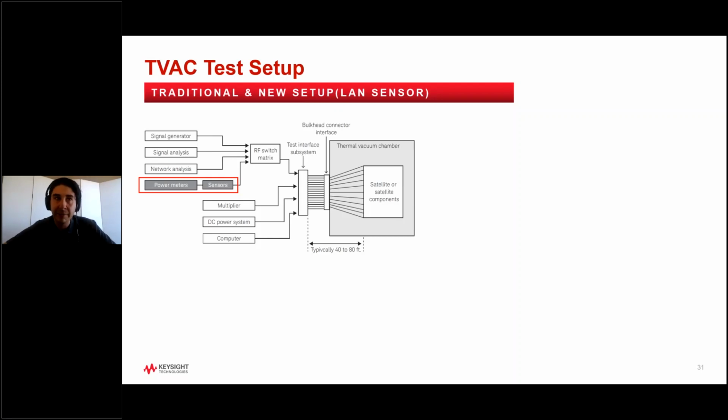Here I'm showing how the power meter and power sensor, at least the traditional method, would sit right outside and basically be at the furthest away from your TVAC chamber. We'd be going maybe through a switch, we'd be going through some type of interface, and for an appreciation of distances, to put this into context, somewhere on the order of 40 to 80 feet wouldn't be uncommon.